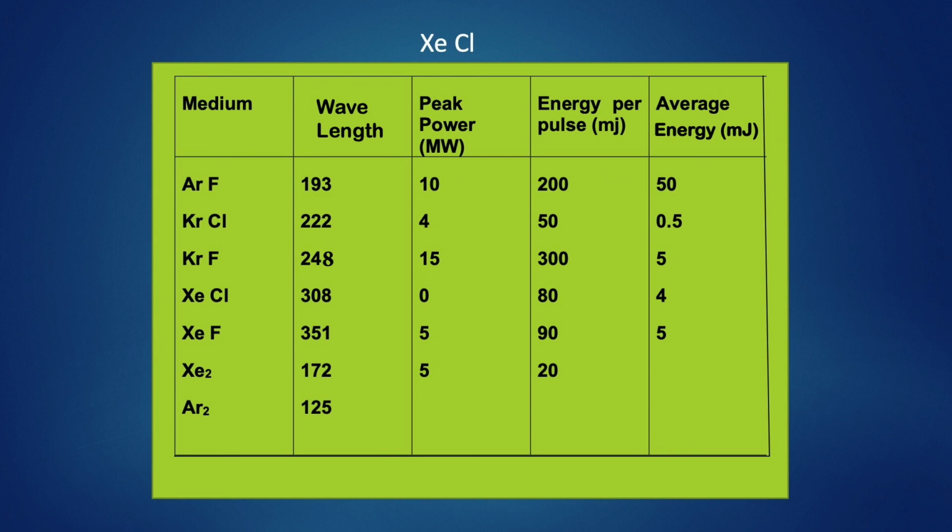All these are possible. Among all these excimer or exciplex lasers, I think the 193 argon fluoride laser is the most important, which is commonly used for corneal sculpting. Perhaps I have told you at the beginning itself, excimer lasers are very useful for photorefractive keratectomy.